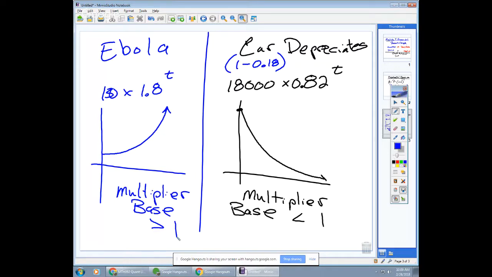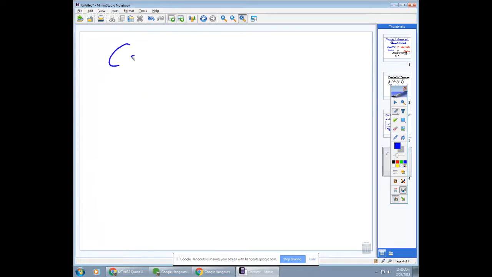So there's lots of cases exponential growth or decay apply to. One is finance. And so we came up with a compound interest formula. With compound interest, that same formula got just a little bit more complicated because more things happened each year.